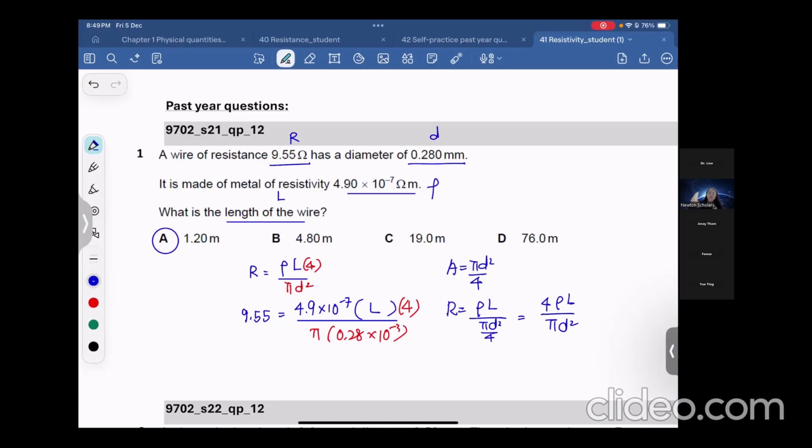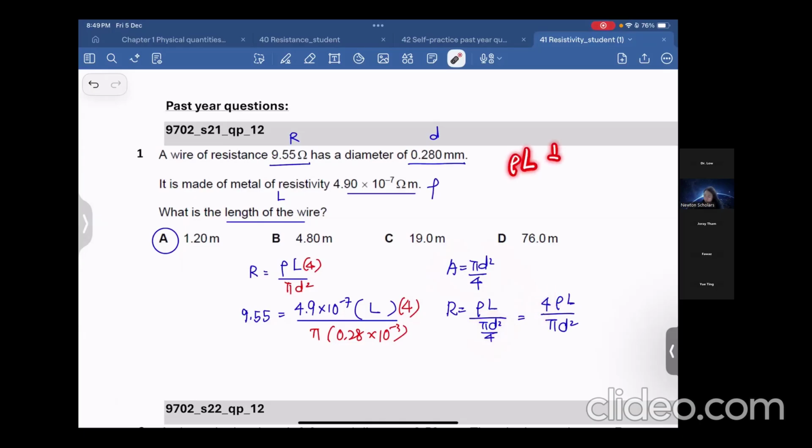Here is Fatima, correct? They give you the diameter, so you need to find the area. Can you see that I apply area pi d square over 4 inside the formula for R? Then because of dividing by this, the 4 actually moves up. This is mathematics, not physics.